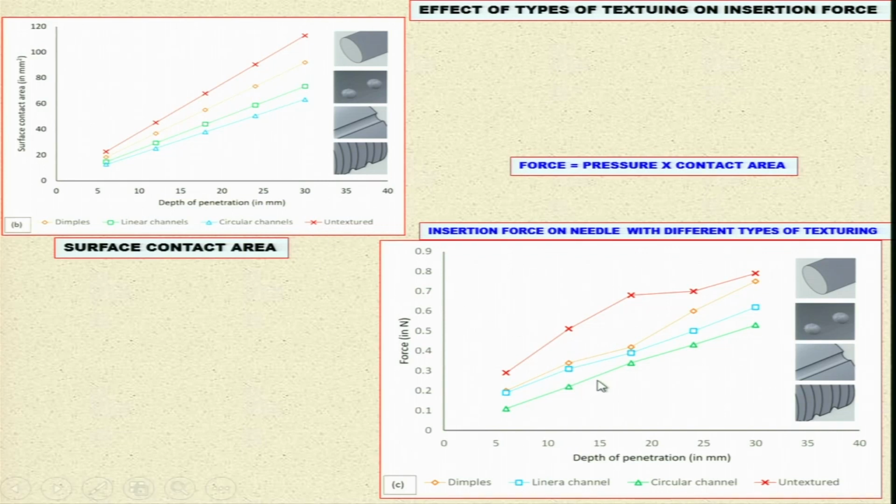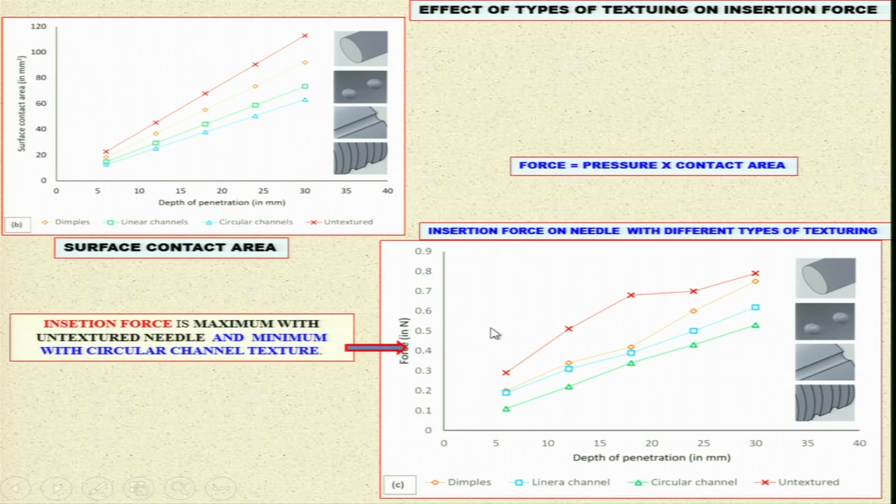What do we conclude from this? If you have the minimal surface contact area on the insertion needle or hypodermic needle, then the insertion force will be minimal. That means the pain felt by the patient will be minimal. That was the objective of this particular work.